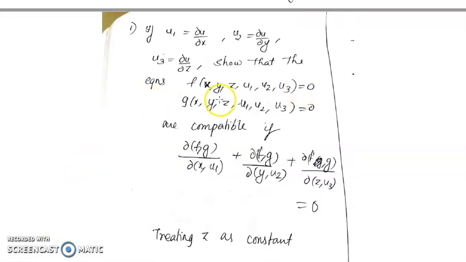So it is similar to the previous problem we have done. We did f of xy pq equal to 0 and g of xy pq equal to 0, so you are getting it in the form dou of fg by dou of xp plus dou of fg by dou of yq equal to 0.